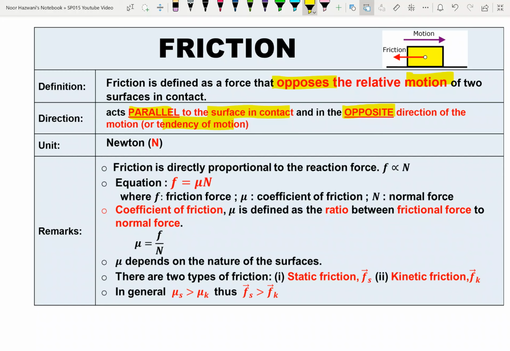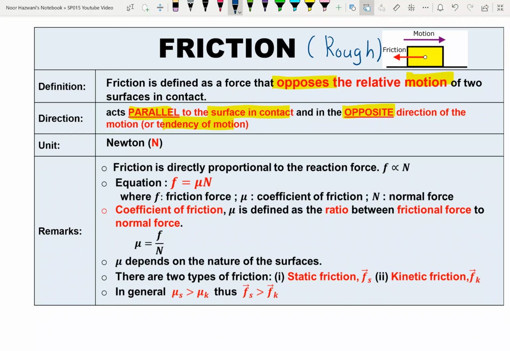Nanti saya cerita lebih sikit macam mana kita nak lukis dia. Kalau dalam soalan dia guna perkataan rough, means dia ada friction. Tetapi kalau soalan dah mention frictionless, maksudnya dia tak ada friction.